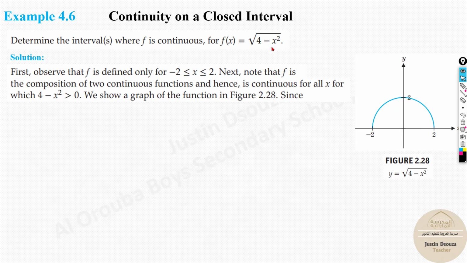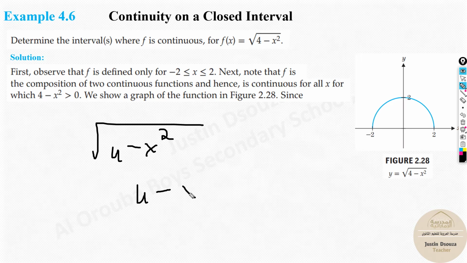Okay, let's look into this problem. Again, we must recall theorem 4.1, where we saw the table. For the square root of 4 minus x squared, all you need to do is make whatever is inside the radical symbol greater than 0. Then it will be continuous.